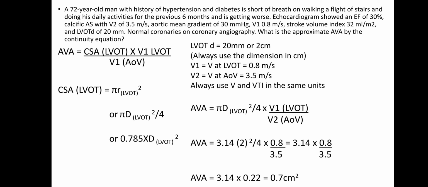So I have put an example here. A 72-year-old man with a history of hypertension and diabetes is short of breath on walking a flight of stairs and doing his daily activities for the previous 6 months, and is getting worse.